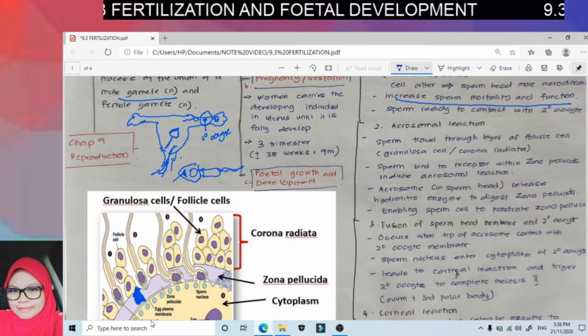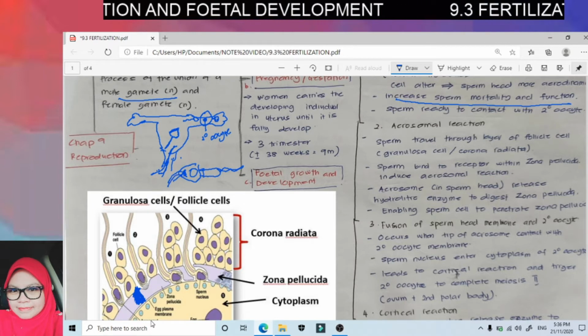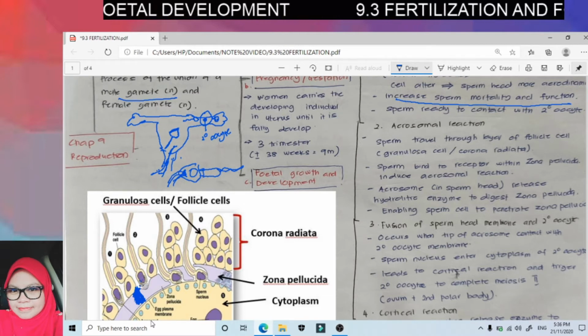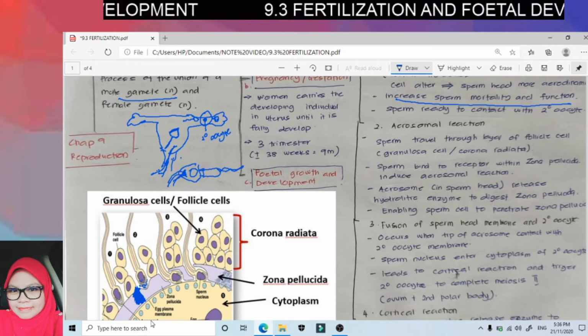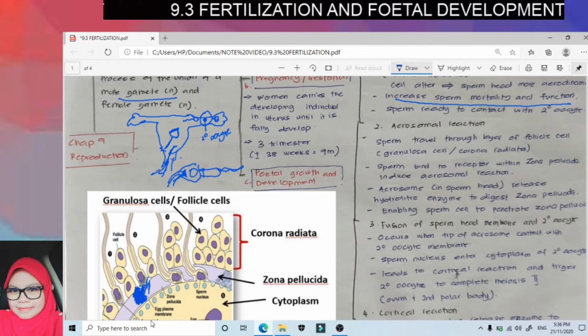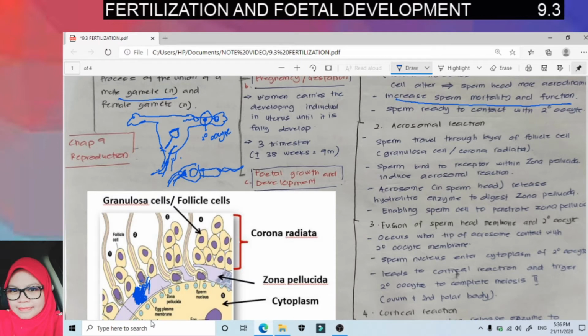To penetrate the Zona Pellucida, the acrosome will release the hydrolytic enzyme. You can see it here. This enzyme can digest the Zona Pellucida so that the sperm will penetrate it.